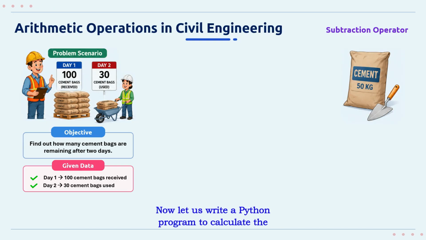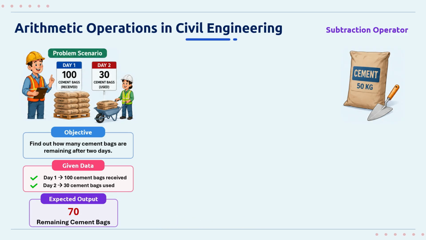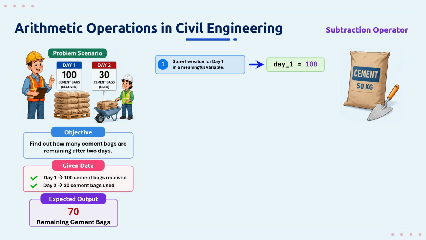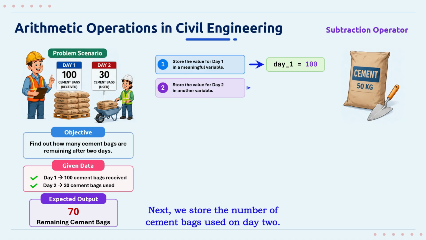Now let us write a Python program to calculate the remaining cement bags. At first, we store the number of cement bags received on day 1. So we create a meaningful variable name, that is day_1, and assign it the value 100. Next, we store the number of cement bags used on day 2.